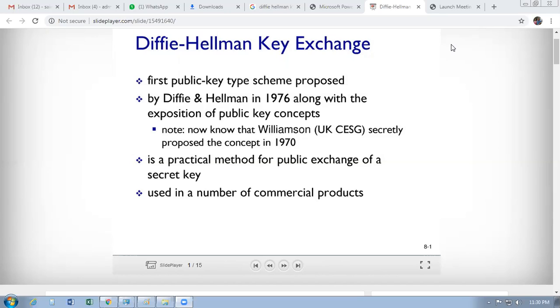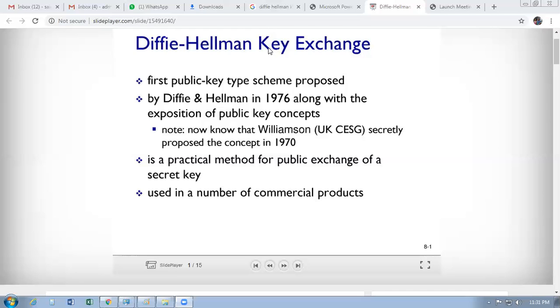Diffie-Hellman key exchange is one of the examples of a public key algorithm. What is the use of this algorithm? We mainly use it to exchange the secret key. For example, AES and DES are private key algorithms. We have only one key, which is used for both encryption and decryption.